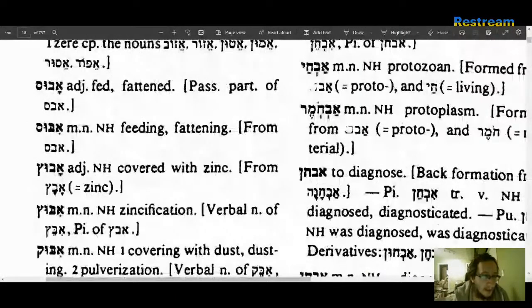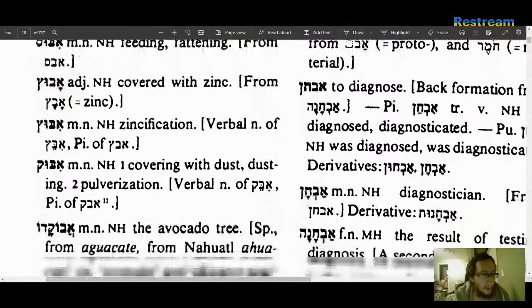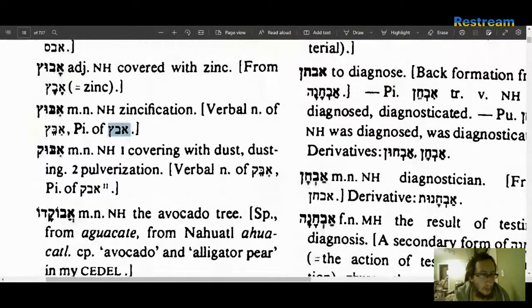So we'll go now to the Comprehensive Etymological Dictionary again. So we have zinc. It's a later word, but it comes from this, with the wa removed.